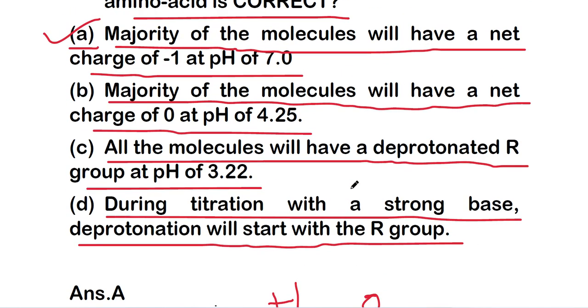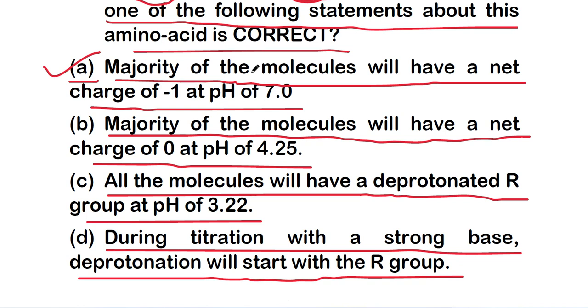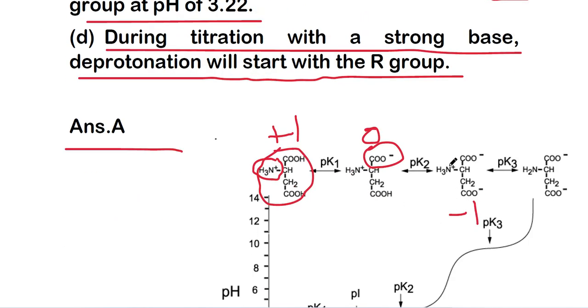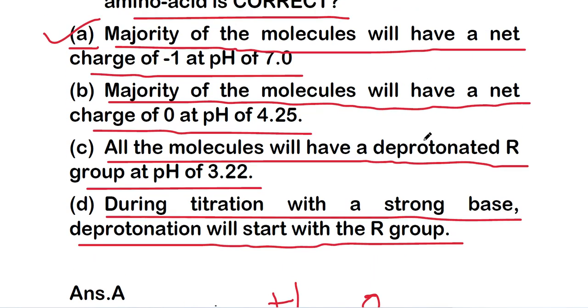So here we can see the majority of the molecules will have a net charge of -1 at pH 7. So at pH 7 most of the molecules will be -1, they will release their proton, and that is the deprotonated form. Okay, so that will be the -1 charge. So this is the right answer.